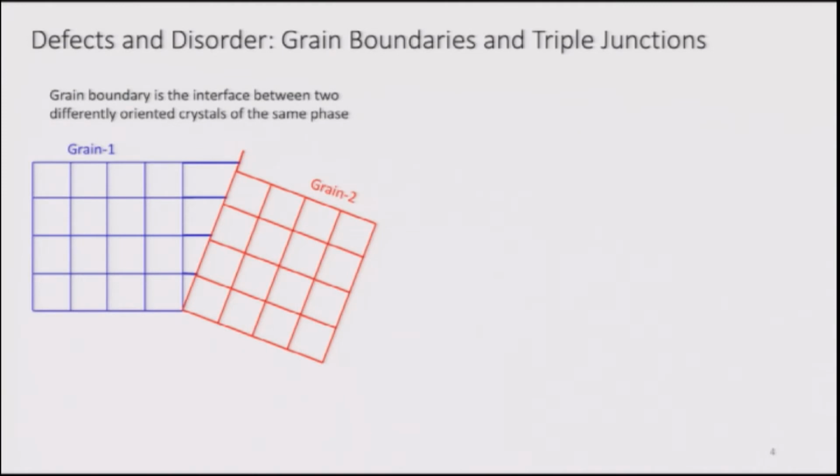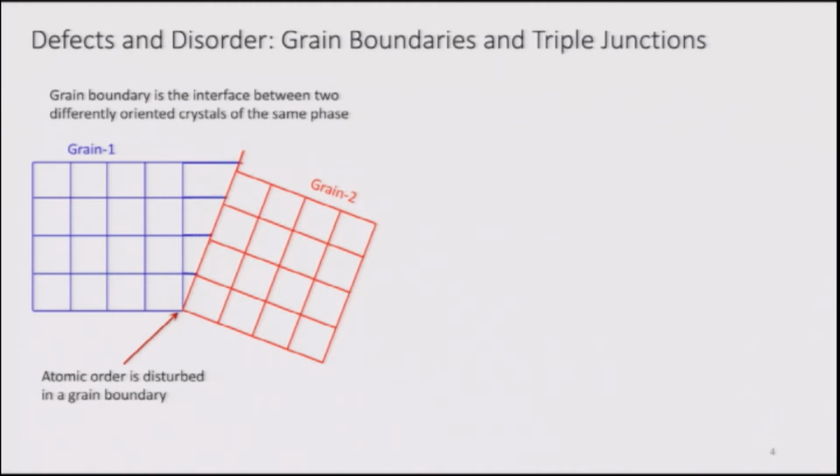Similarly, the next fast diffusion path is the grain boundary. We know a grain boundary is the interface between 2 adjacent crystals of the same phase. I have shown, for example, grain 1 in blue and grain 2 in red schematically, and where they meet we can see their lattice positions do not exactly coincide, which means there is an atomic disorder in the plane where they meet, and even in a region near to this meeting plane, that is the grain boundary.